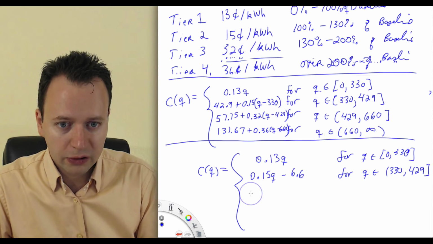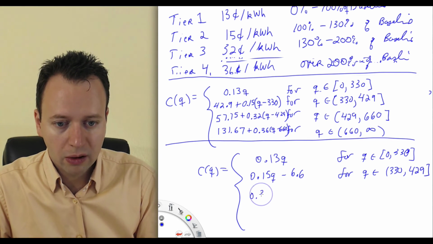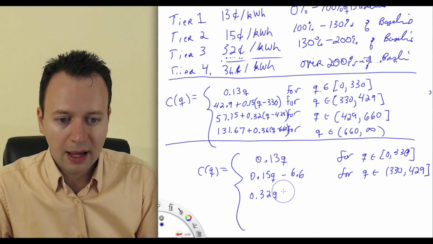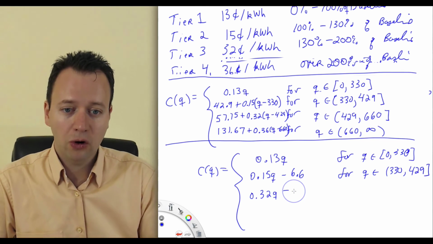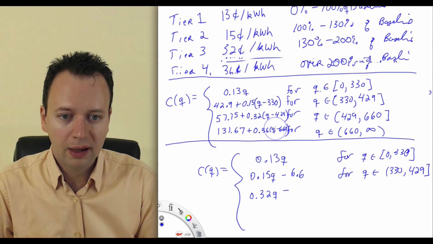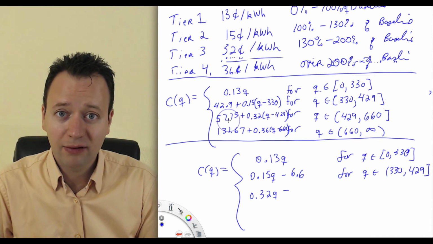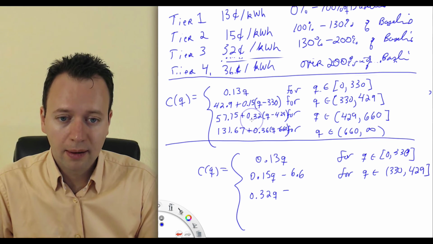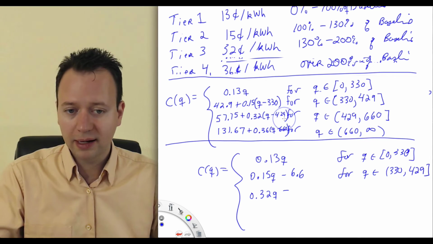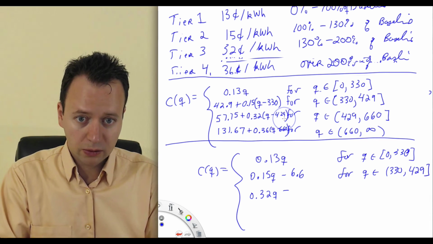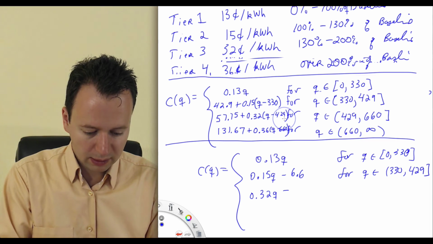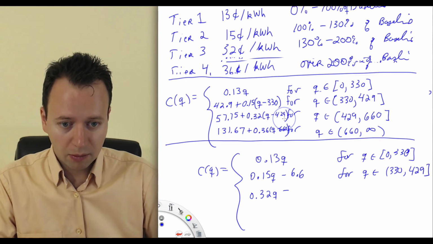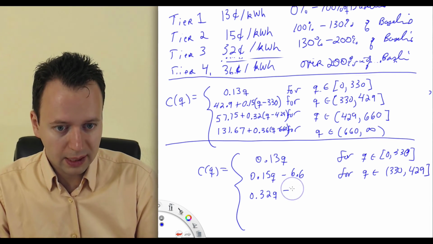The next one is going to be 0.32 Q. Now note that for your first 429 kilowatt hours, you're being overcharged, so we need to subtract something. We're going to subtract 57.75 minus 0.32 times 429. So we distribute the 0.32: 57.75 minus 0.32 times 429, so minus $79.53.